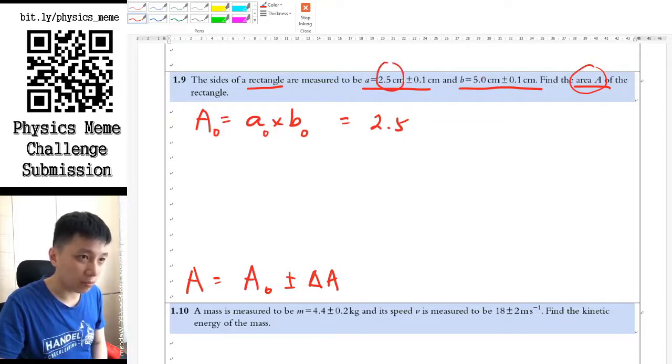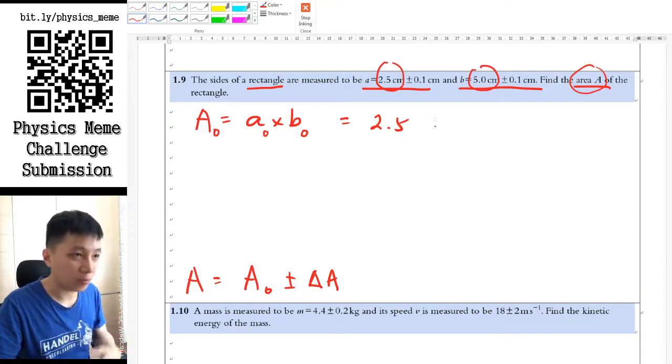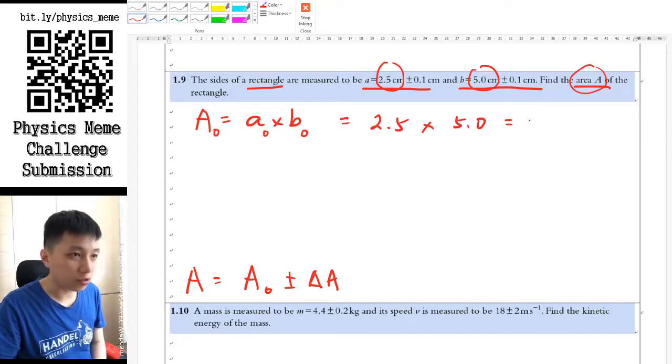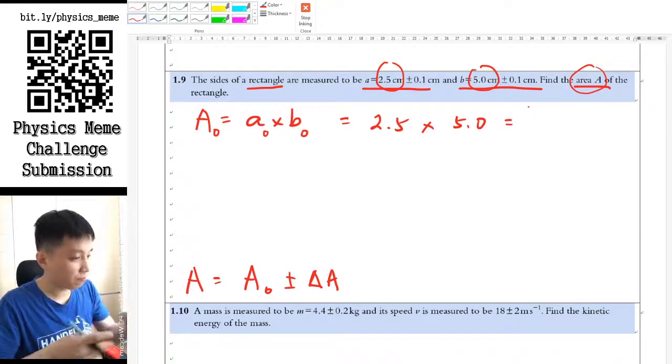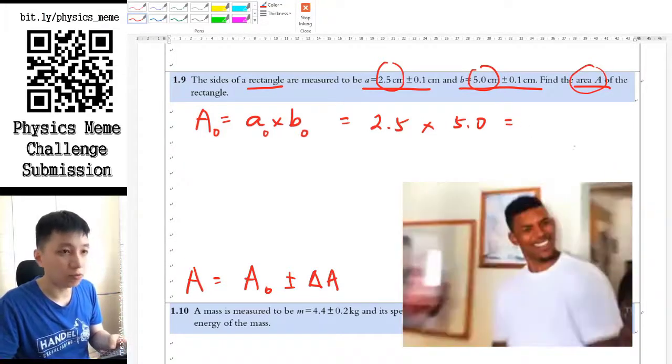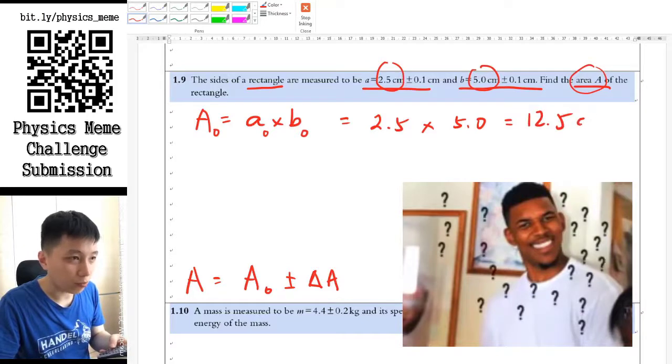You just look at this number and this number, because these two will be a_avg and b_avg, times 5.0, and this should give you 0.75, I think. No, 12.5. Sorry, I don't know why I'm thinking that.